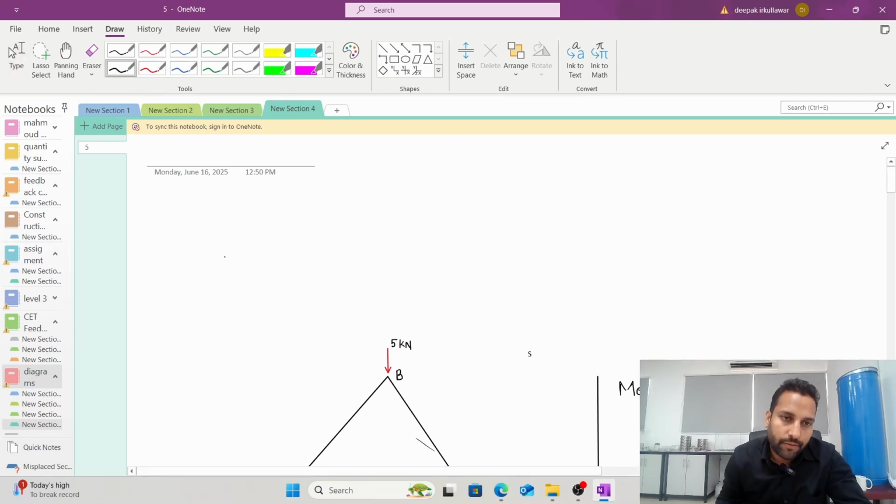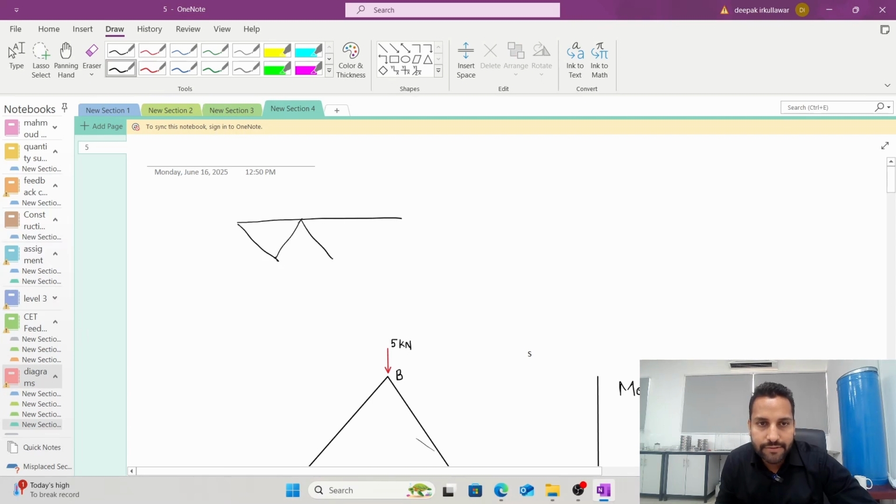So, what is a truss first of all? You might have seen trusses at many places. Suppose you have a train bridge, and if you see a steel member like this, this is nothing but a truss.